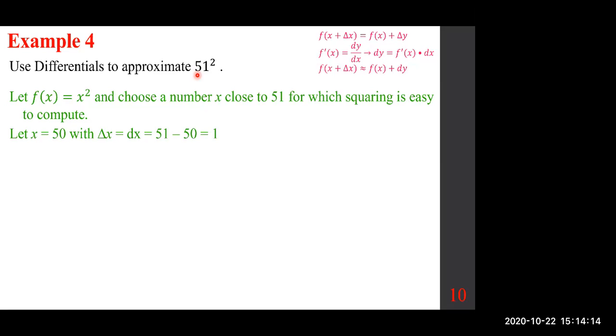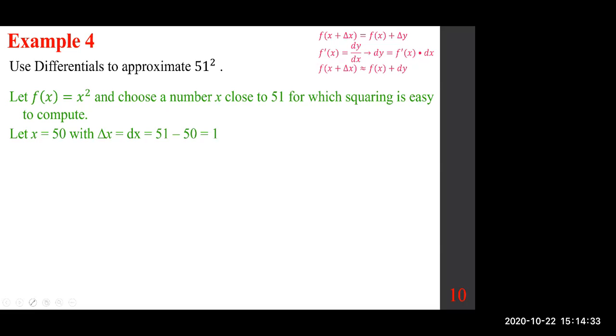Now, what about delta x? We are going from number 50 to number 51. Their difference is +1. So I want you to pay attention to how you find delta x. We are going to start with 50 and arrive at 51. So therefore, we are going up.